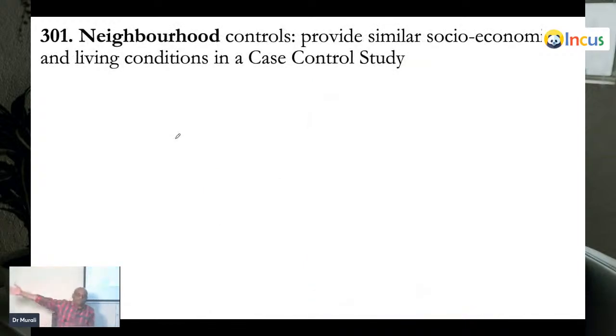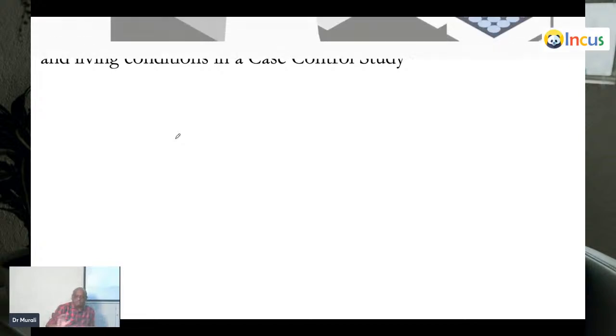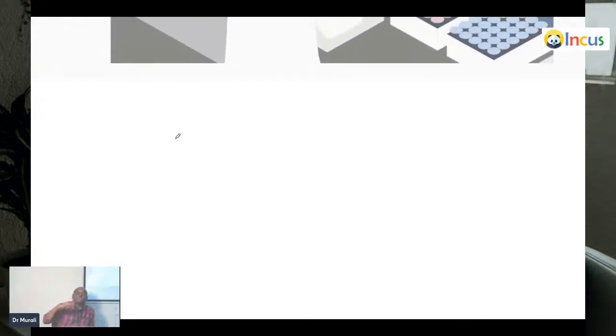Neighborhood controls. I live in a slum and my neighbor is a slum dweller. So similar socio-economic and living conditions will be available if controls are taken from the neighborhood. Siblings.